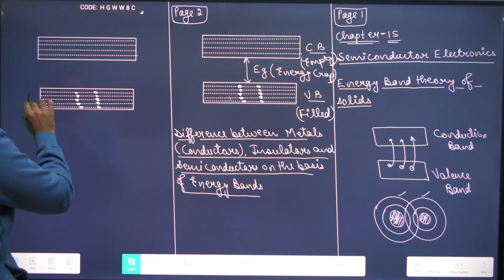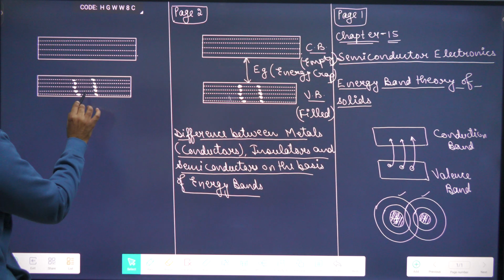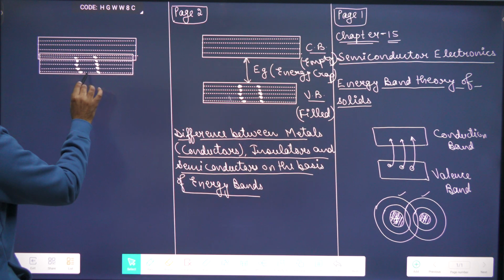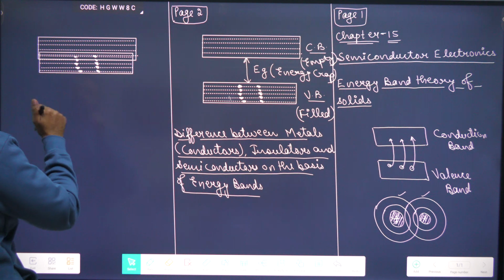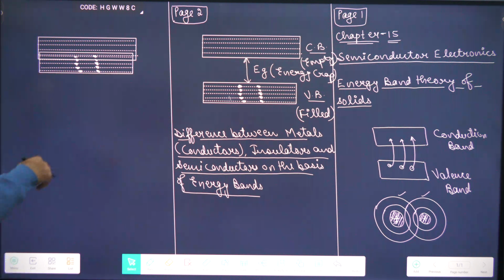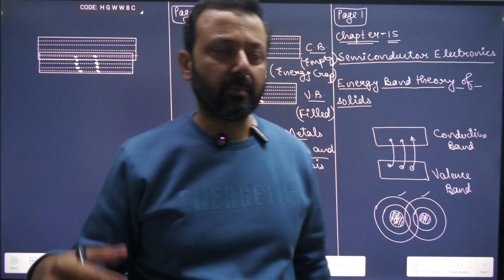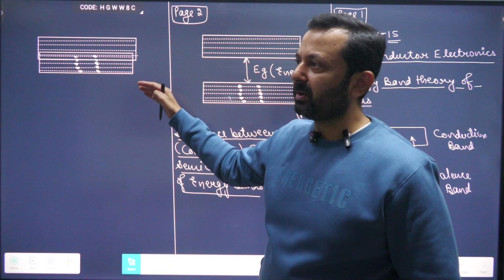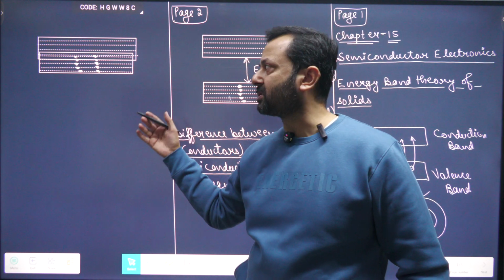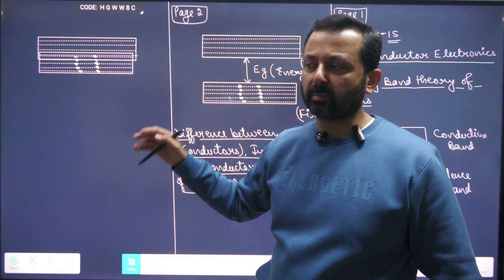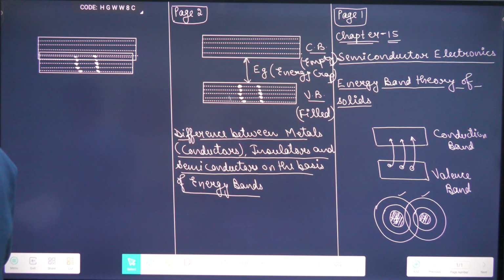What happens in case of conductors? In case of conductors, this valence band partly overlaps with the conduction band. So when the valence band and conduction band partly overlap each other, it means that electrons from the valence band get sufficient chance to move to the conduction band because there is partial overlapping.